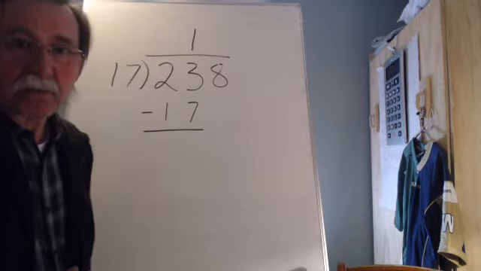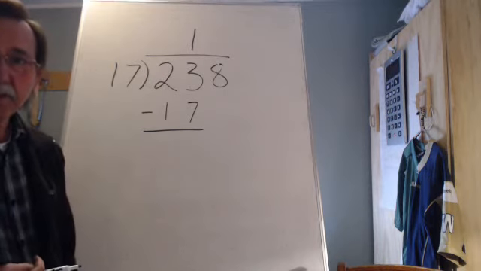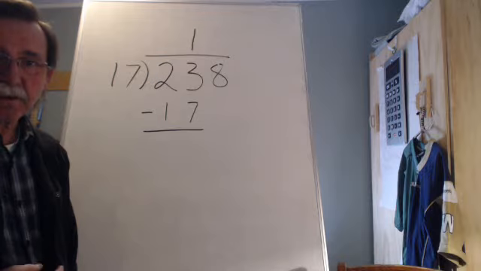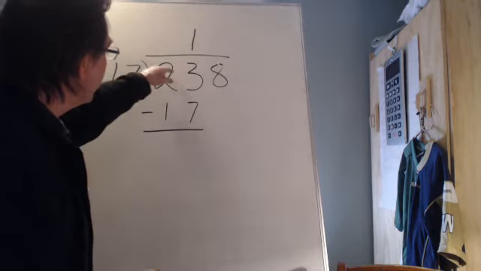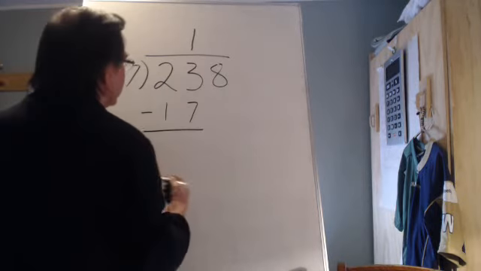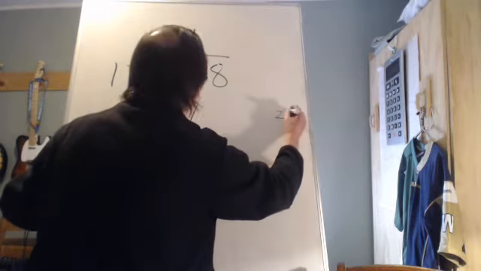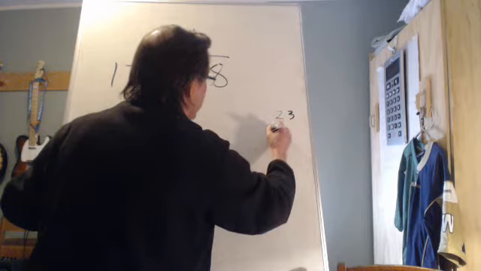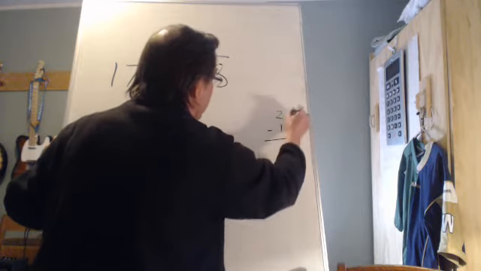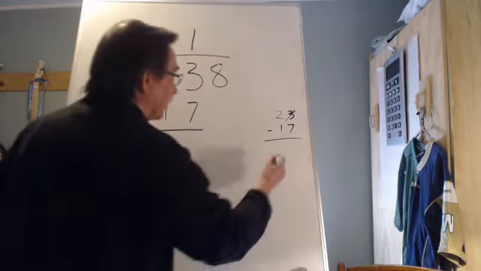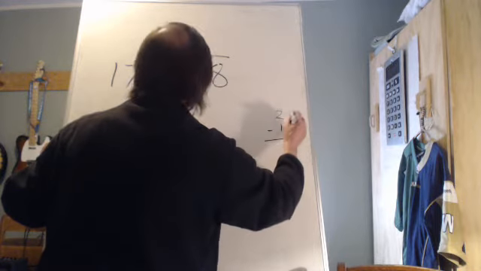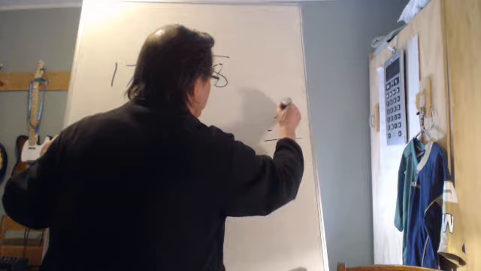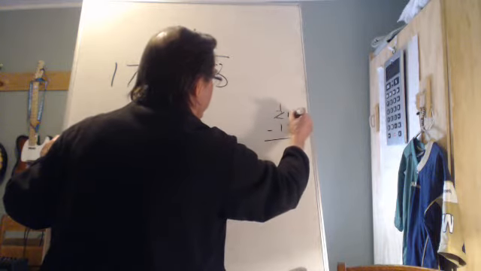Okay, our parts are a little bit more complicated than they were before, aren't they? So I know some of you will cross off the 3 and borrow the 2 and do all that stuff on the inside. I just go over here if necessary, 23 minus 17, and do all that necessary stuff. Whoops, sorry, not cross off the 3, but cross off this 2, turn it into a 1, and make that a 13.